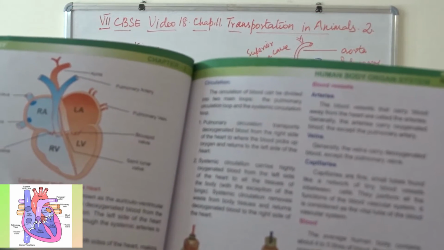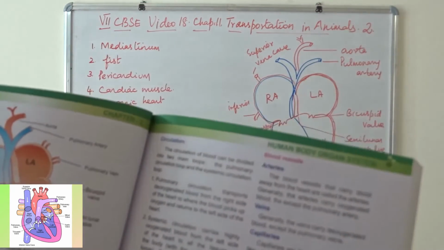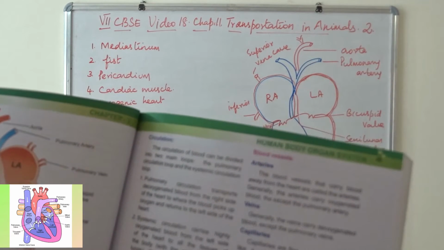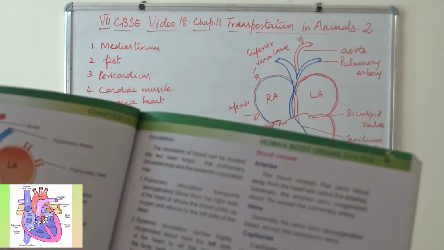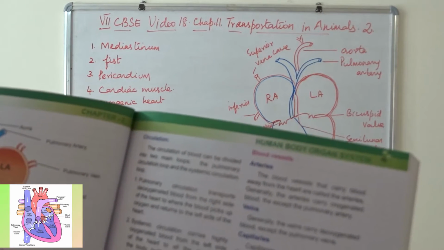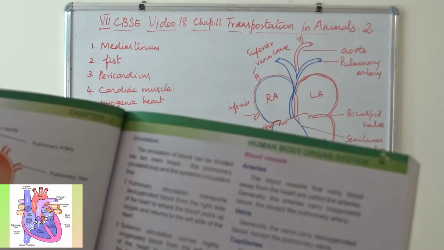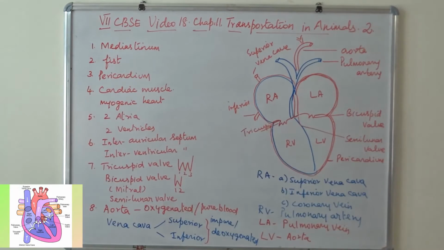Labeling: aorta, pulmonary artery, bicuspid valve, semilunar valve, pericardium, tricuspid valve, inferior vena cava, superior vena cava. Can you see?